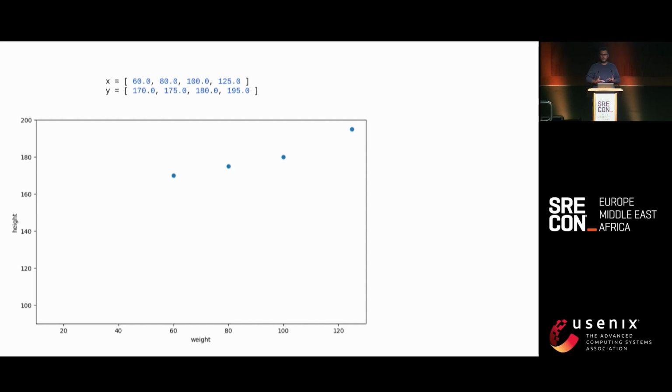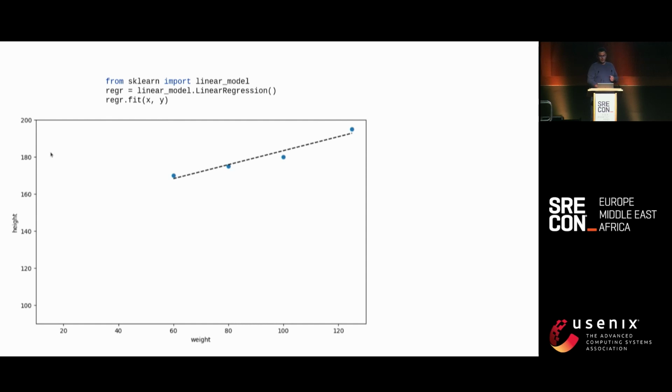I'm using some simple plots here to just give you the vocabulary that we are going to use in the slides about the SRE, also to make people who are not comfortable with machine learning feel a little bit more comfortable. If I have here 4 people with their weight and their height, and I put them in a plane, I can build a model using a linear regression, something that we have done in high school, and I can tell that if my weight is, let's say, 90 kilos, most probably my height is around 180.